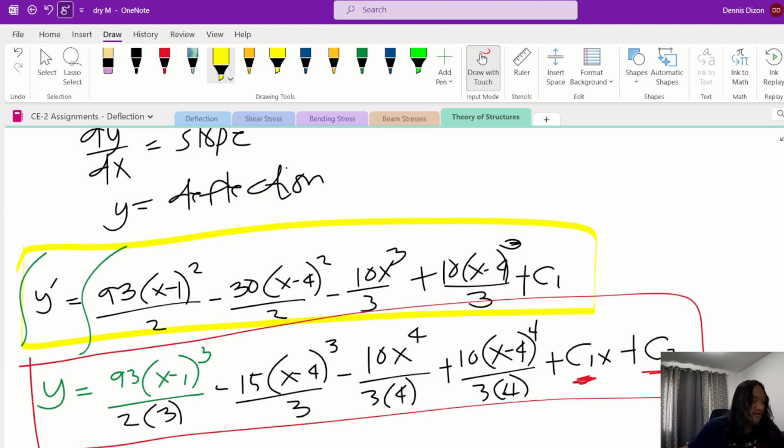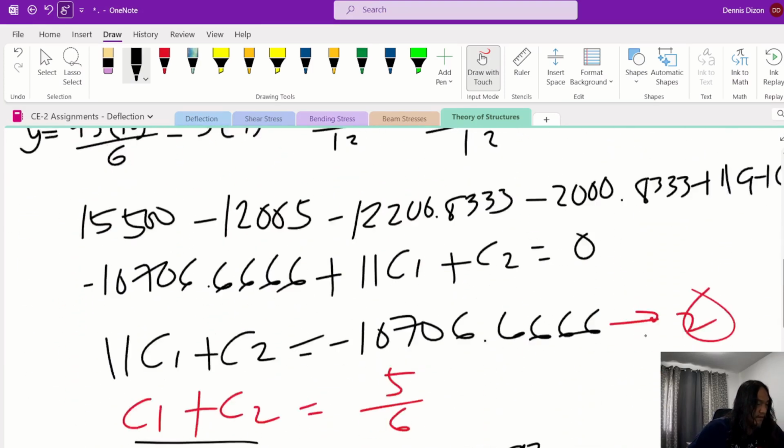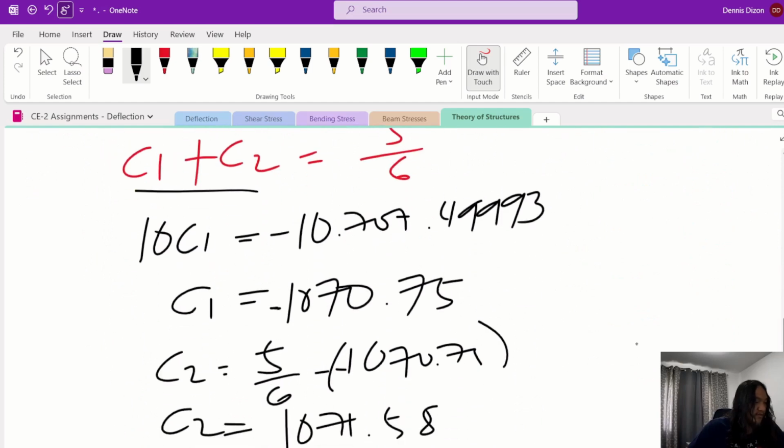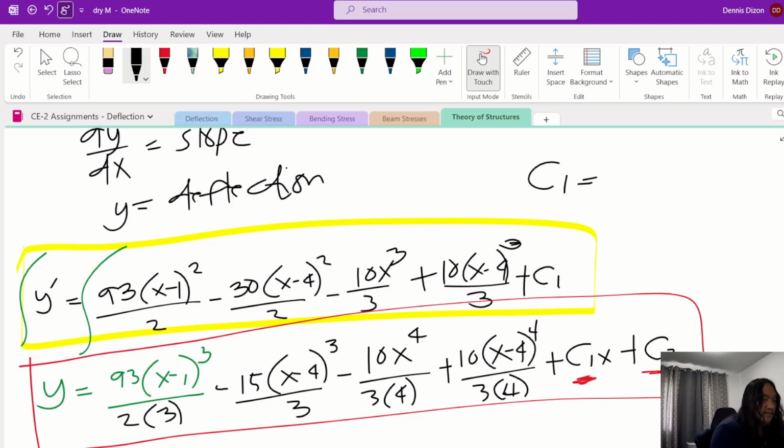Now, using this equation, where our C1 is minus 1,070.75, we will substitute it here and calculate for the value of x.